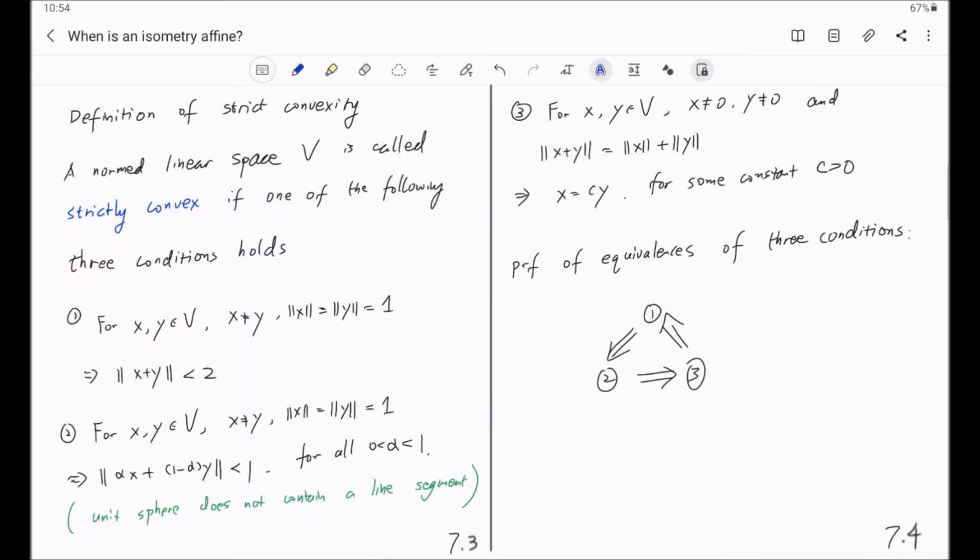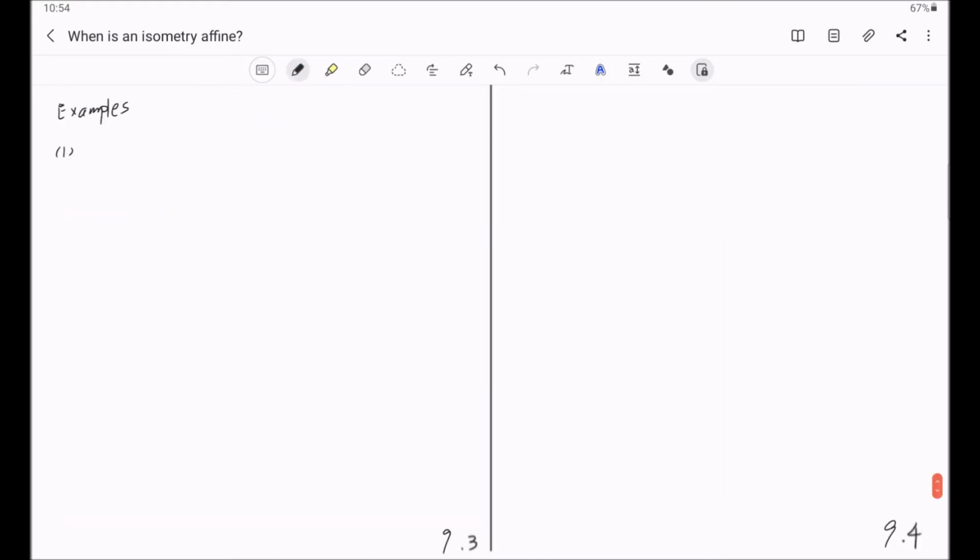And now let us give a couple of examples and non-examples for strictly convex spaces. First, inner product spaces. Depending on background, you might call this the Hilbert space. But for some people, Hilbert spaces are inner product spaces with the additional hypothesis that the space is separable.